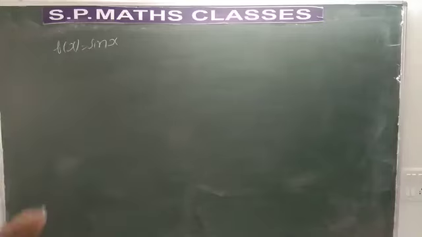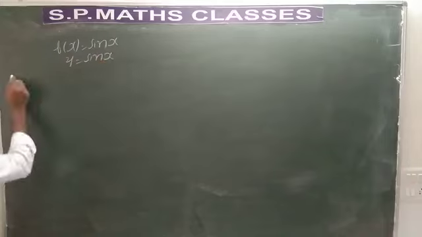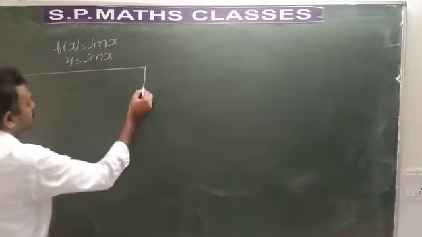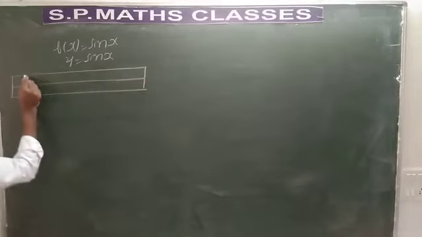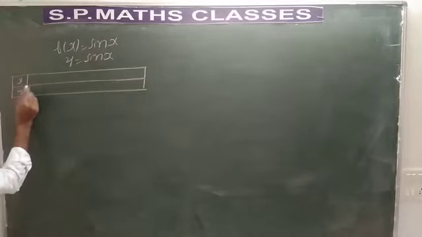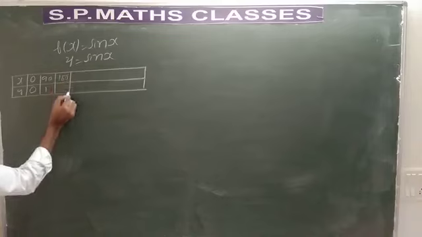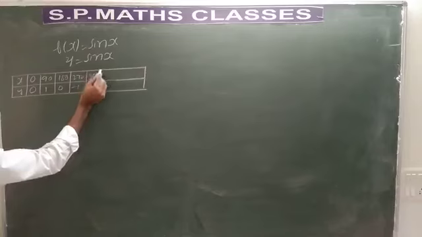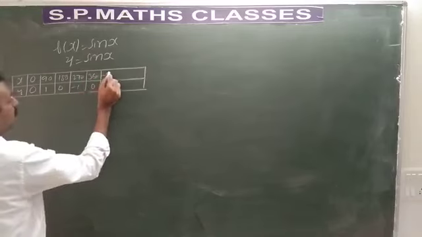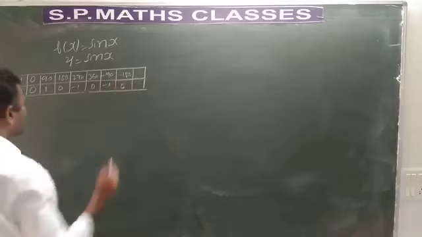You know how the sine function will be, you know the graph of this function. This is x and y. At 0 it is 0, 90 degrees it is 1, 180 it is 0, 270 is minus 1, 360 is 0, minus 90 is minus 1, minus 180 is 0, like that it continues.